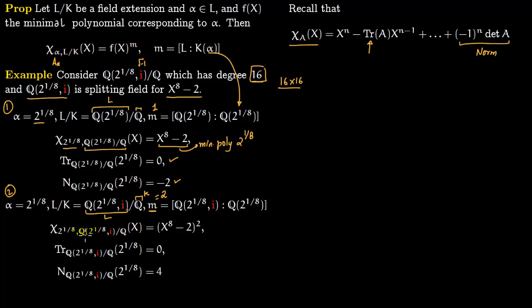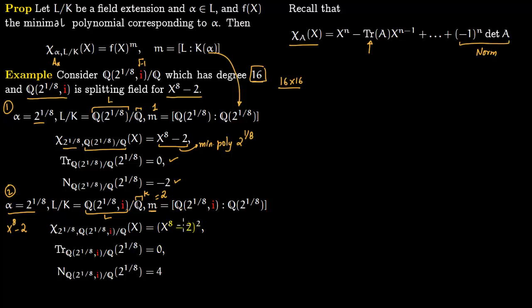So now this term here comes down here. So this is alpha, this is L over K. So this is x to the 8 minus 2, squared. Again our alpha remains the same, so our minimal polynomial is still x to the 8 minus 2. And that's precisely why we square the minimal polynomial here, because this m is 2.